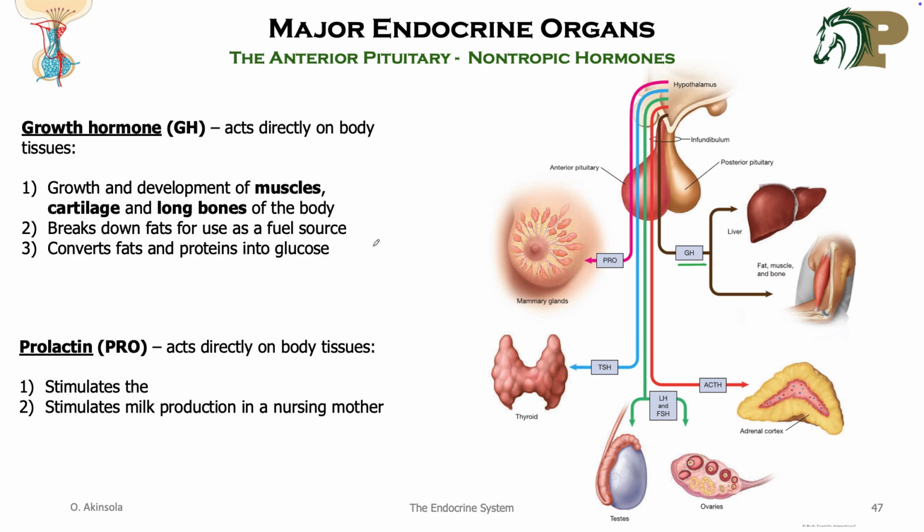So this is what's responsible for general growth in humans as we age. It will also break down fats for use as a fuel source, and will also convert fats and proteins into glucose. When we get to talking about glucose metabolism and how glucose levels are maintained within the blood, we will talk about growth hormone's role in that process.